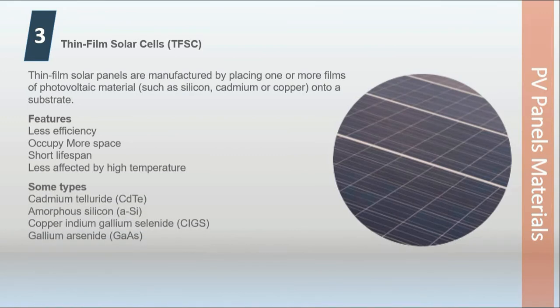Some types of thin film solar cells are cadmium telluride, amorphous silicon, copper indium gallium selenide, and gallium arsenide. In terms of cost, they are the least expensive solar cells.